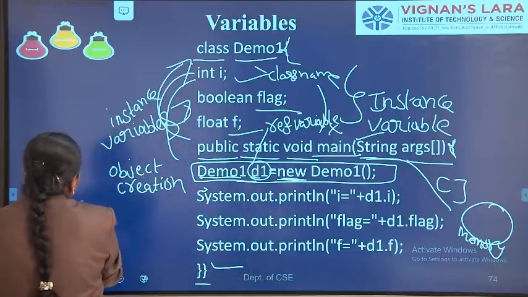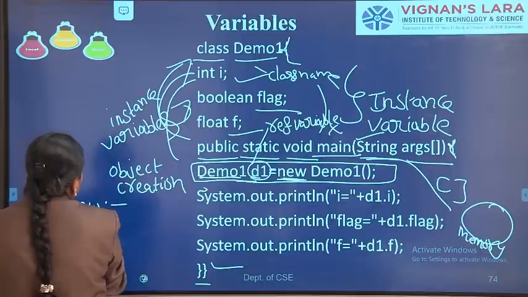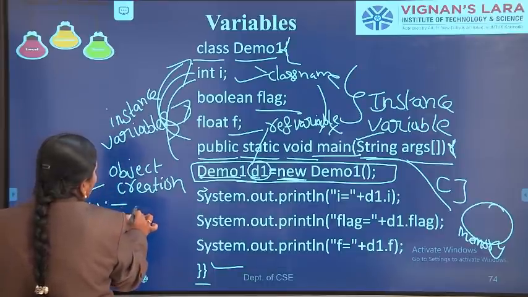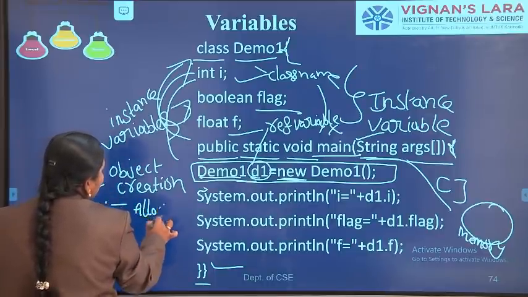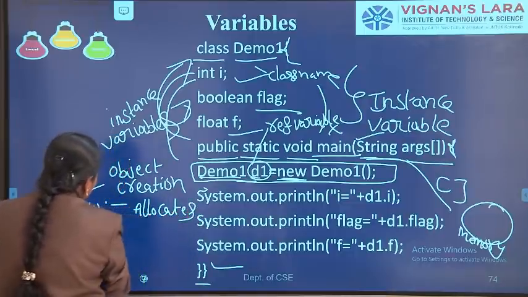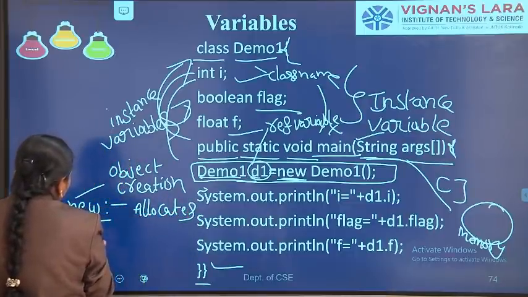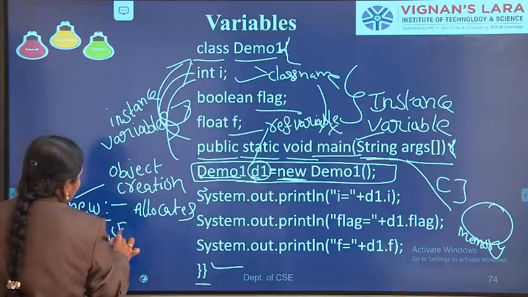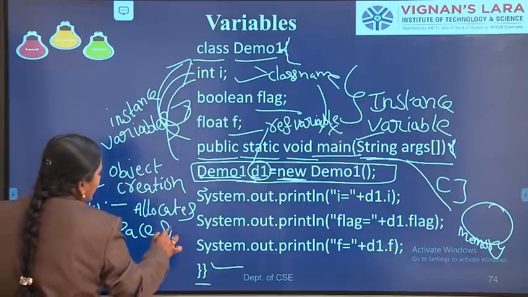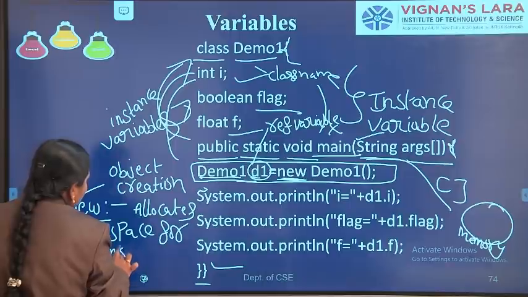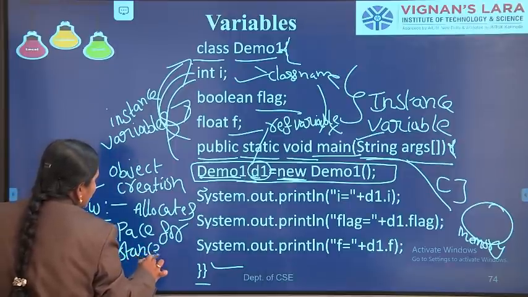What is the functionality of the new operator or new keyword? It allocates the memory space for instance variables.